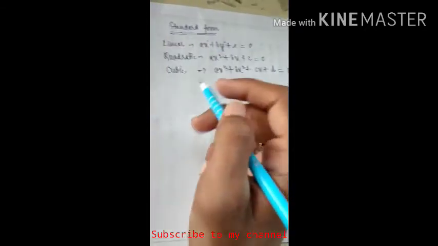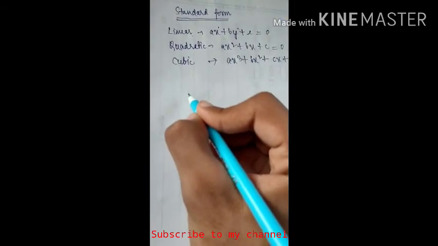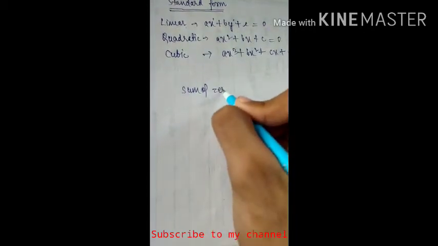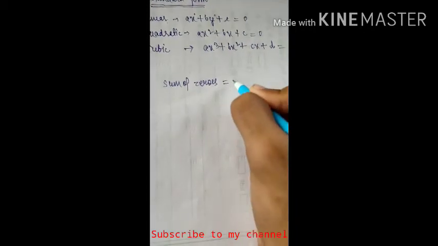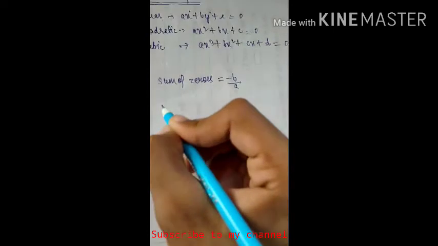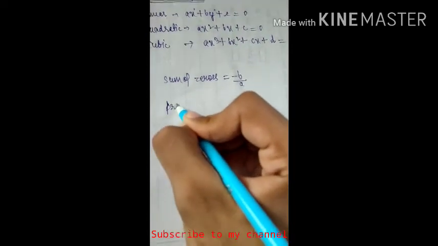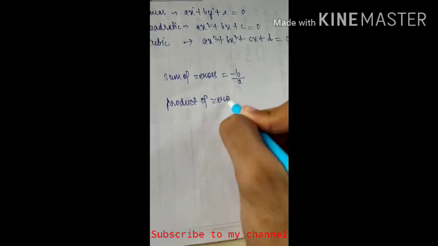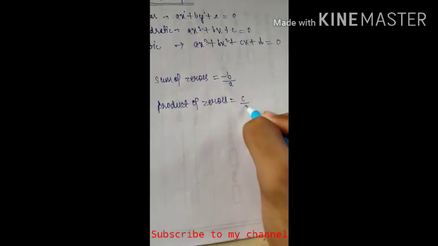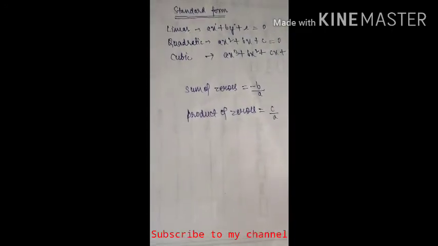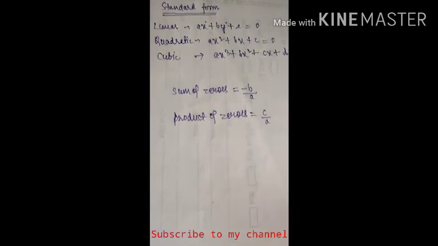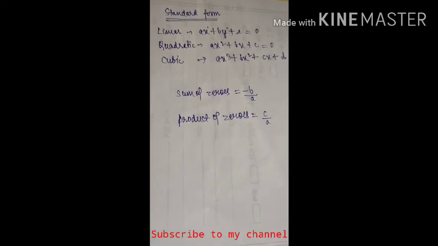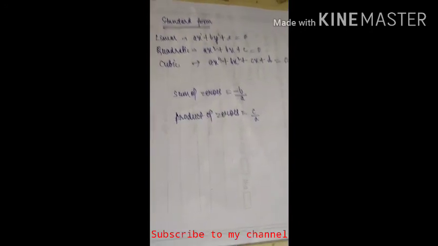The sum of the zeros is minus b upon a, and the product of zeros is c upon a. This is not going to be used in exercise 2.1. I have told you this, but I will explain it in the next class for the next exercise.